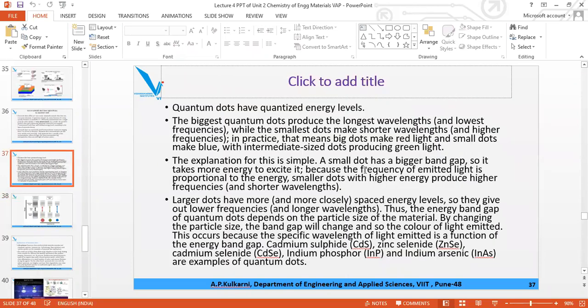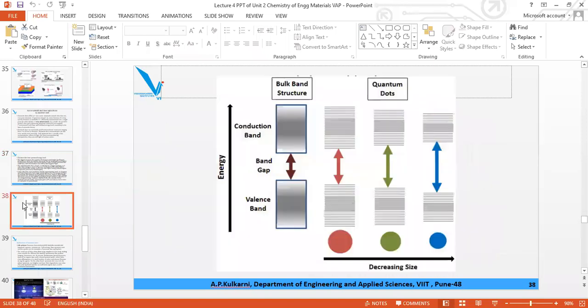Now they have quantized energy levels. I'll explain this first. The biggest quantum dots produce the longest wavelength. These are the dots. Here we can see the size of the quantum dot is decreasing, and therefore the band gap between the conduction band and valence band is increasing.